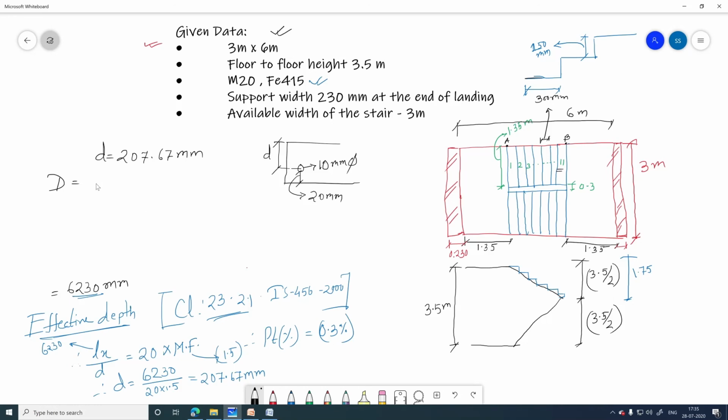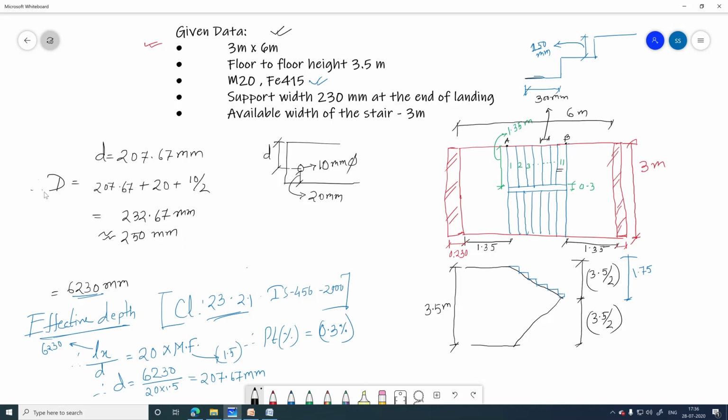So capital D will be 207.67 plus 20 plus 10 by 2. So ultimately the value will be 232.67 mm. So we will consider 250, I am rounding off in mm.